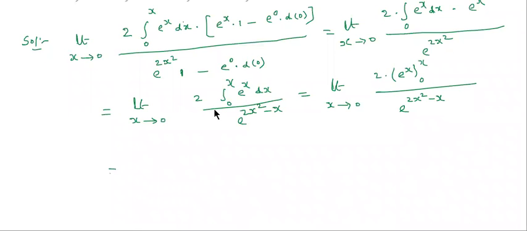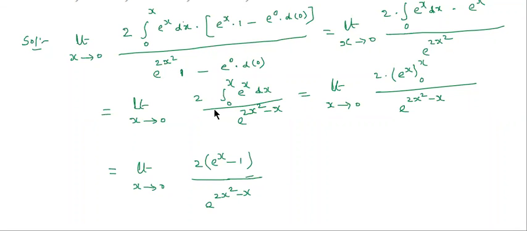Now, limit x tends to 0. In the numerator we get 2 into e power x minus e power 0, which is 1, divided by e power 2x square minus x. Now substitute the limit.